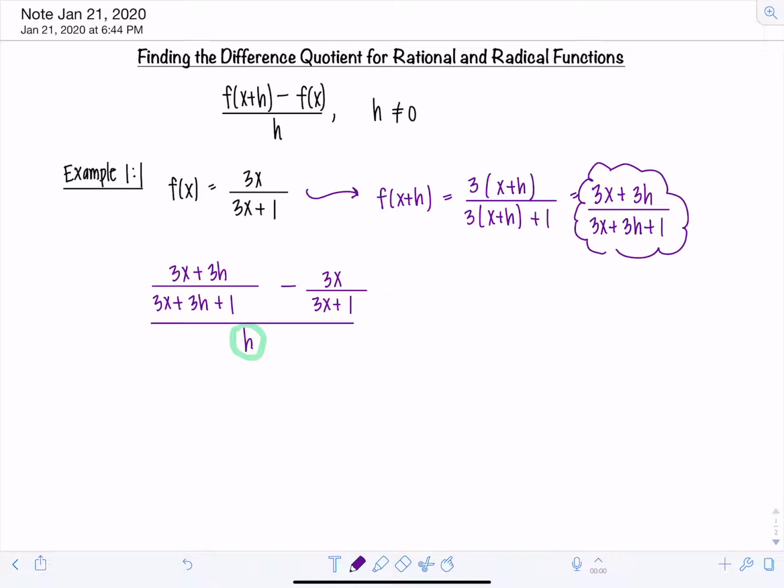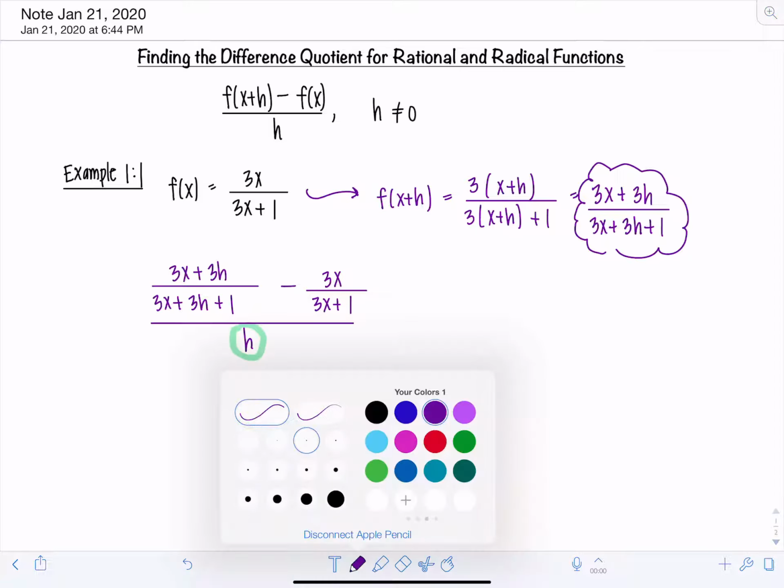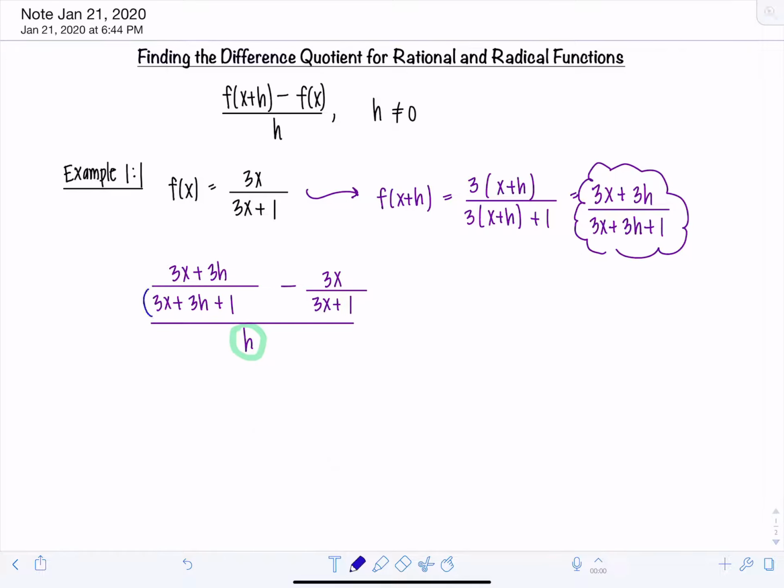Well, looking at this expression, we have a complex fraction because there's a fraction within a fraction, right? There's fractions in the numerator. So what I want to do is multiply through by the LCD of the entire expression. So when you're identifying the LCD, this quantity, 3x plus 3h plus 1, that's its own factor. That's one factor of the LCD. And then 3x plus 1 is another one.